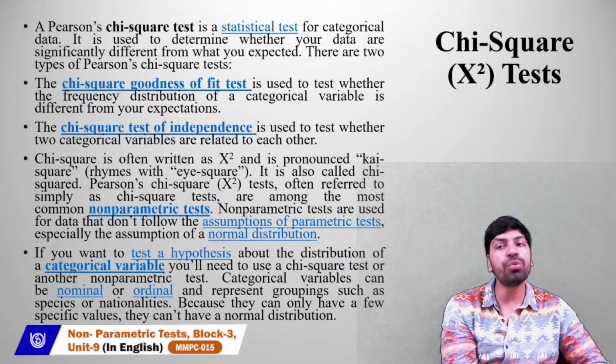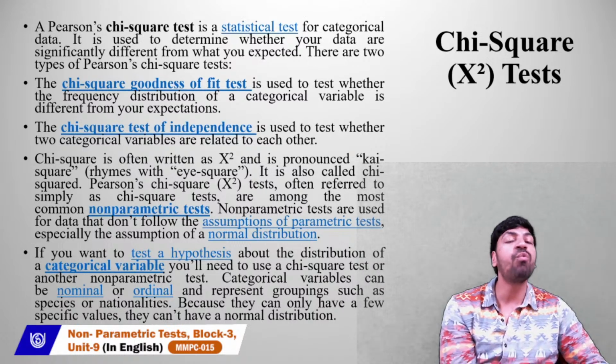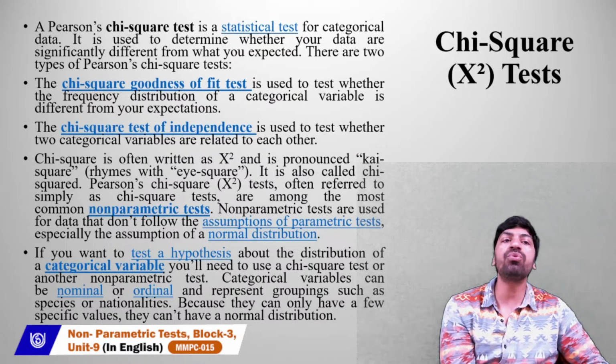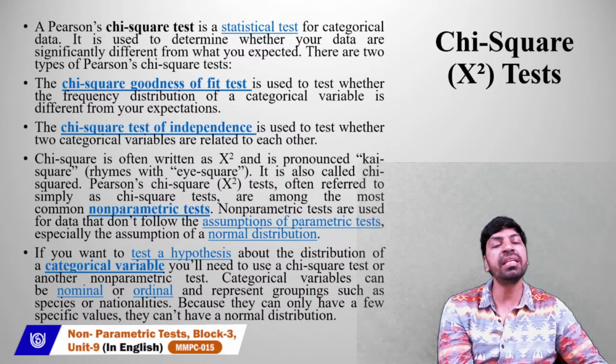It is mainly used to determine whether your data is significantly different from what you expected. There are two main types of Pearson chi-square test: the chi-square goodness of fit test and the chi-square test for independence.